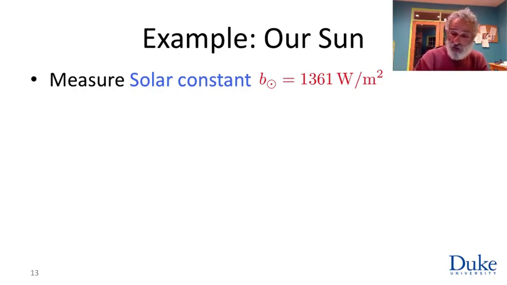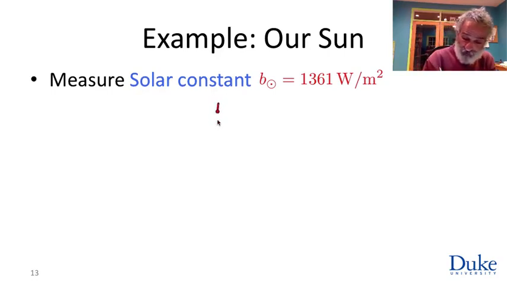So we know the intensity of solar radiation in the vicinity of Earth. Now, we know how far the sun is. The sun is 1 astronomical unit, or 150 million kilometers away. And so if we know how bright it looks and we know how far it is, we can compute its luminosity.